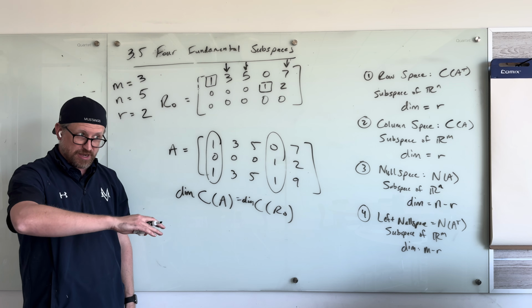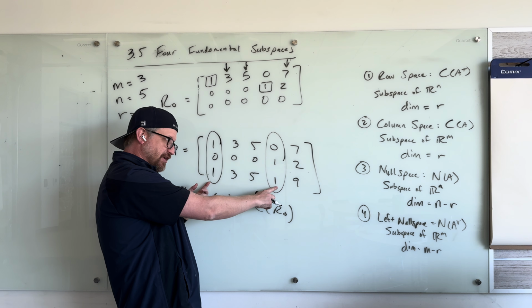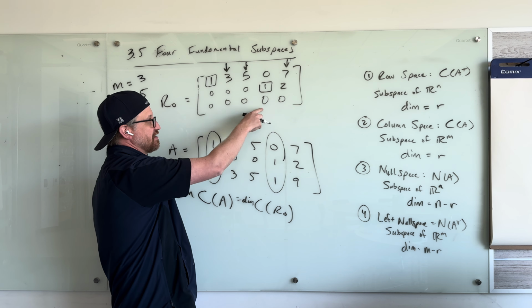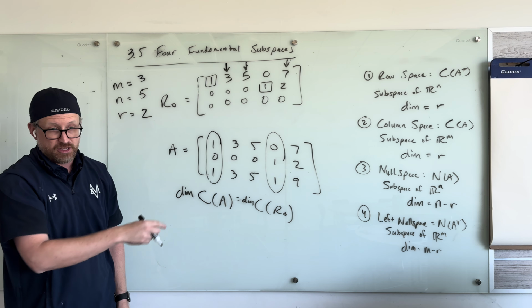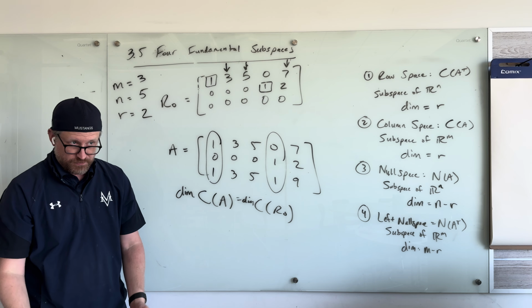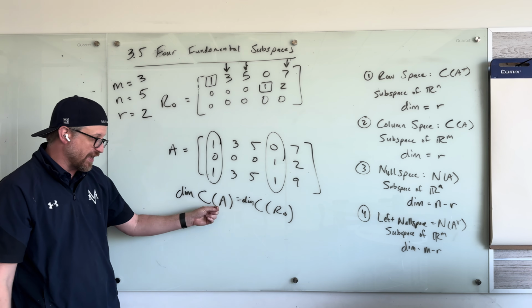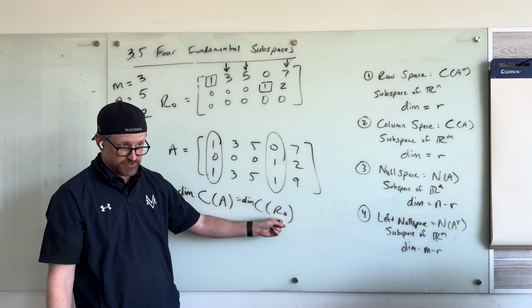It's not the XY plane. So notice that if I find all the linear combinations of these two vectors, it does not give me the same space at all. But the number of vectors in the basis match. And that's the takeaway: the dimension of the column space, whether I go to A or R0, always matches.